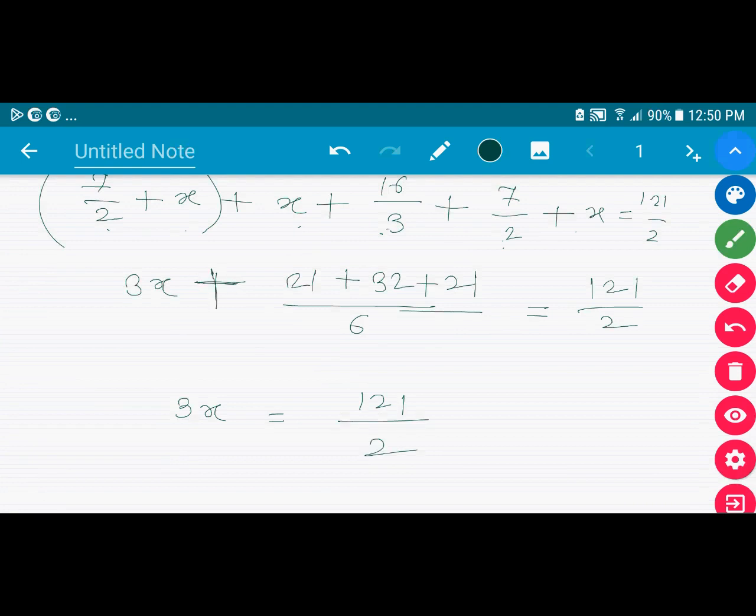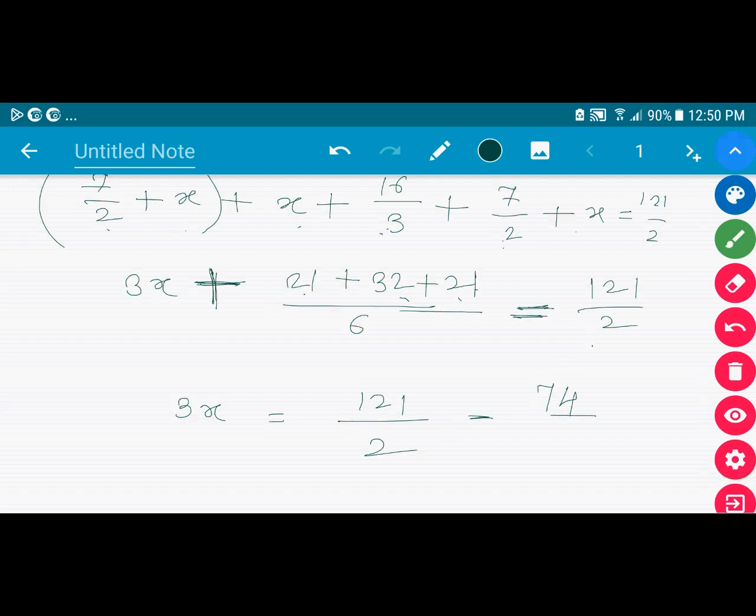Now this is added here, so if we go to this side of the equal to sign, it becomes negative. It is positive, it becomes negative, so it should be subtracted from 121 upon 2. So what does it become? 21 plus 21 is 42 plus 32, it becomes 74.